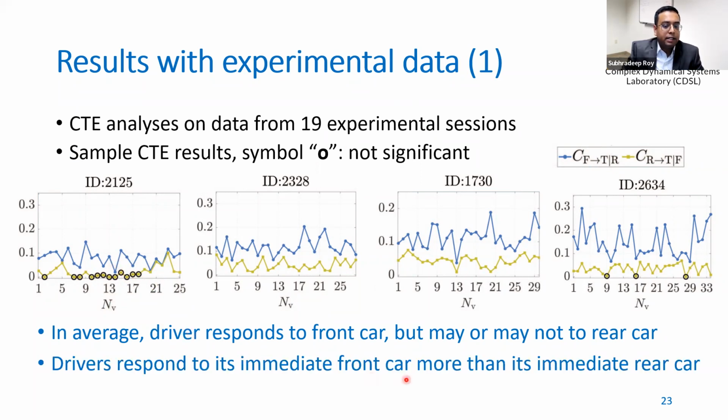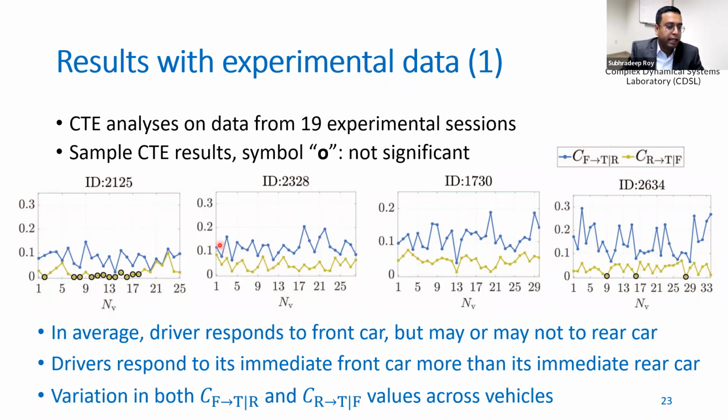Drivers respond to the immediate front car more than the immediate rear car. If we take a pair, like only one vehicle or driver of a vehicle, and compare the values, we always see the front to target is greater than the rear to target. That means drivers respond more to the front car compared to the immediate rear car. And we also see there are a lot of variations among these values.